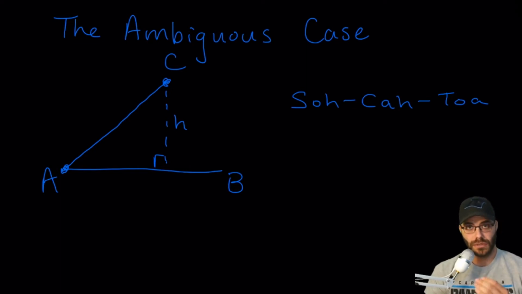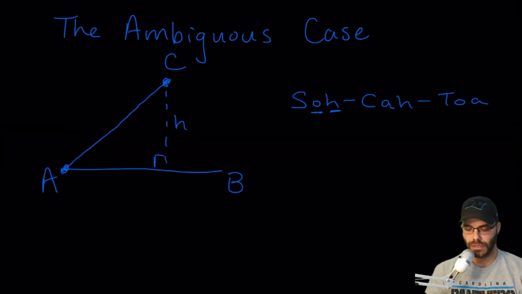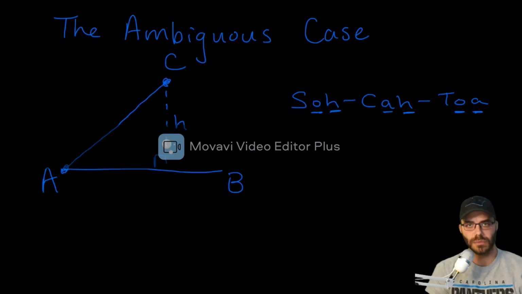Cosine of any angle is equal to the ratio between the adjacent side and the hypotenuse in a right triangle. Tangent of an angle in a right triangle is equal to the ratio of the opposite side over the adjacent side. So I can use SOHCAHTOA to come up with a general height for this particular triangle.